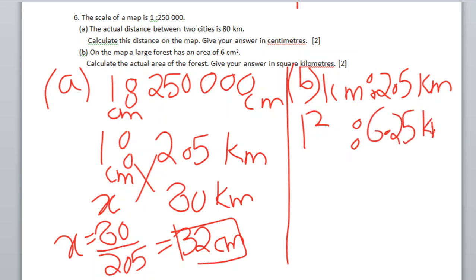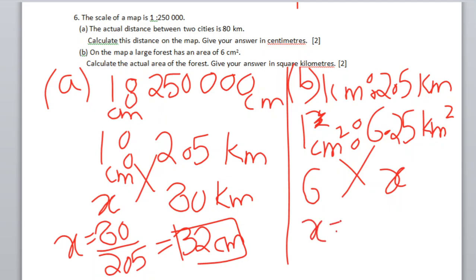This is kilometers square over here, this is centimeters square over here, and 1 square is simply 1. Alright, so on the map a large forest has an area of 6 centimeters square. Write 6 here and write x here, cross multiply, 6.25 times 6 is 37.5 kilometers square.